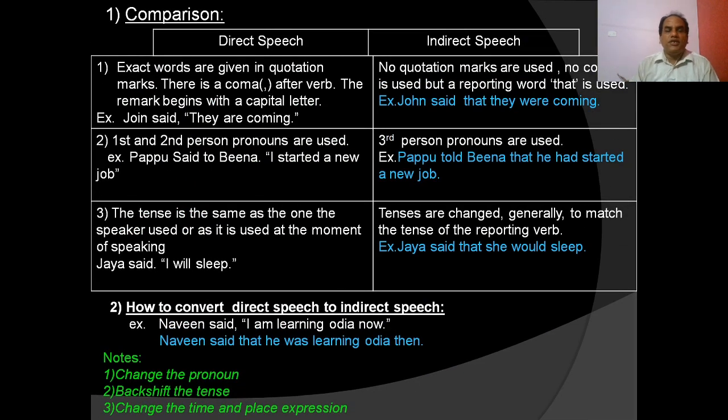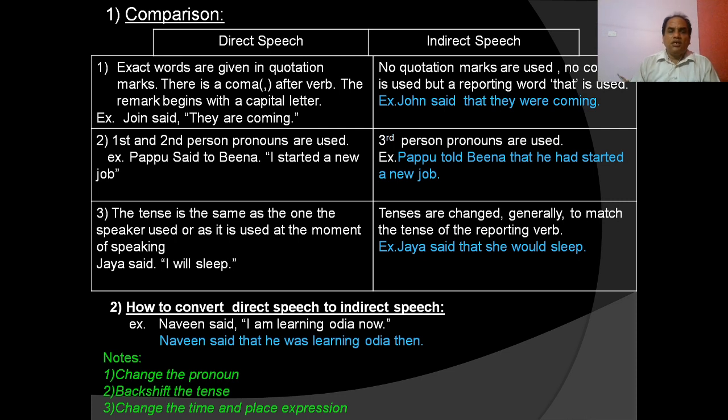You see, let us see the comparison between direct speech and indirect speech. In direct speech, exact words are given in quotation marks. There is a comma after the reporting verb. The remark begins with a capital letter. Take the example. John said, "They are coming."